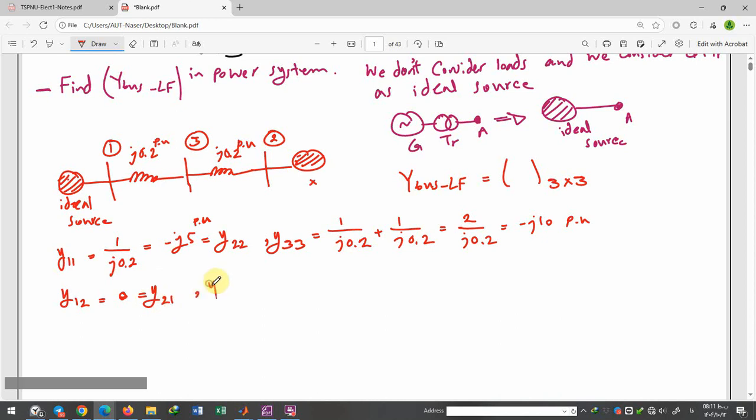After that, Y13. Between bus 1 and bus 3, we have an element j0.2 per unit, and we have to use a minus. For non-diagonal elements, we use a minus at the beginning of the calculation of Y between 1 and 3: minus the inverse of the reactance connected between bus 1 and bus 3.